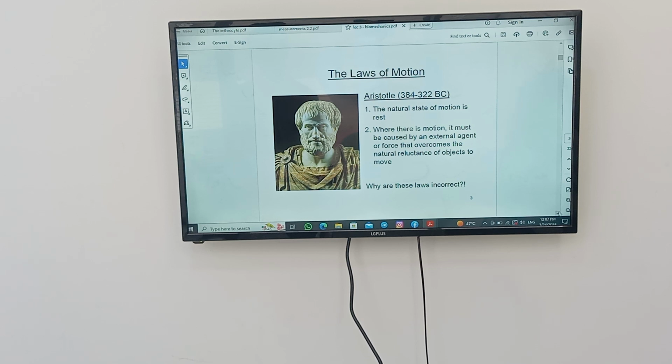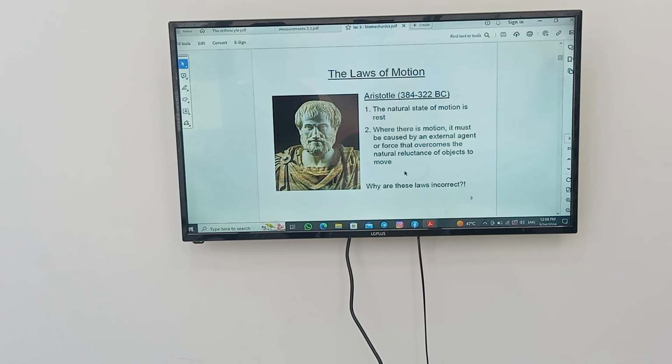According to Aristotle, the natural state of motion is rest. So Aristotle thought that the natural state of objects in motion is rest. Where there is motion, it must be caused by an external agent or force that overcomes the natural reluctance of the object to move.